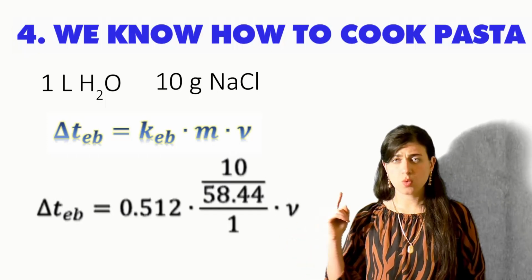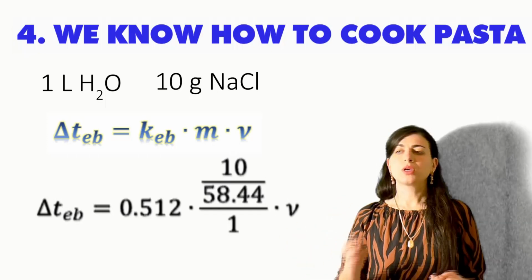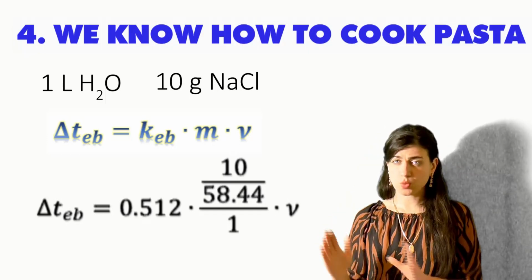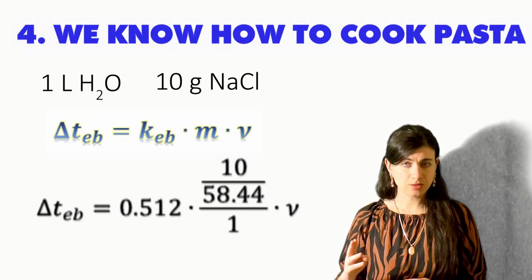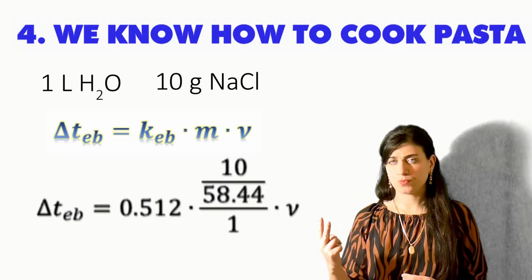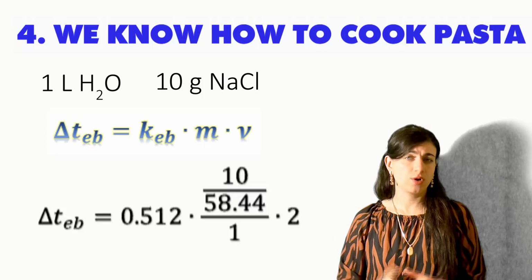Everything divided by 1 kilo of water, because 1 liter of water is also 1 kilo, okay? Because density of water is 1. And the Van 't Hoff factor, i, is 2 for sodium chloride. We have already talked about that.